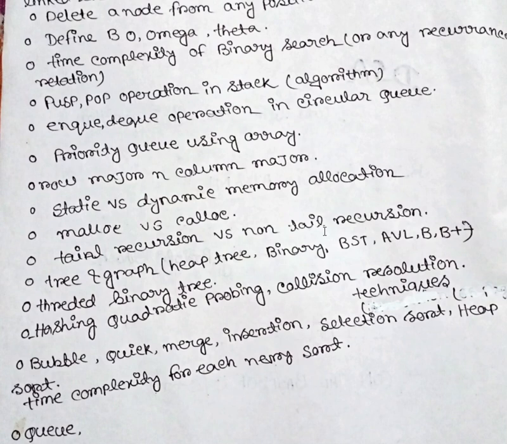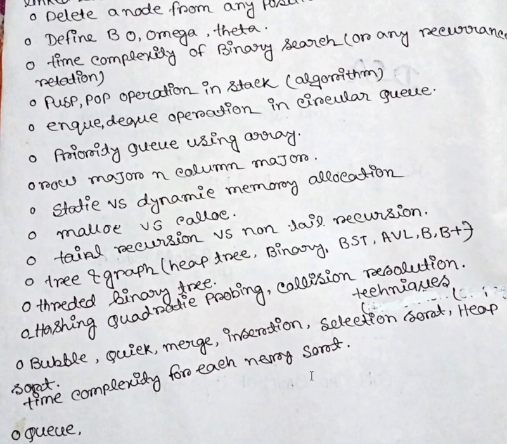These are the basic things. If you want to pass your MAKAUT examination, you have to cover all of these topics. This is the main thing: bubble sort, quick sort, merge sort, selection sort, heap sort, and the basic need is that you have to know the time complexity of all these sorts.